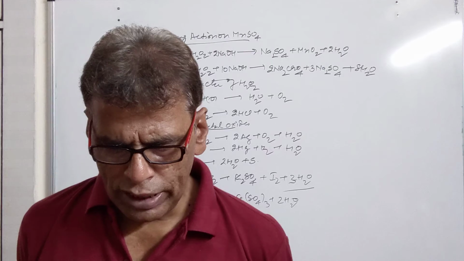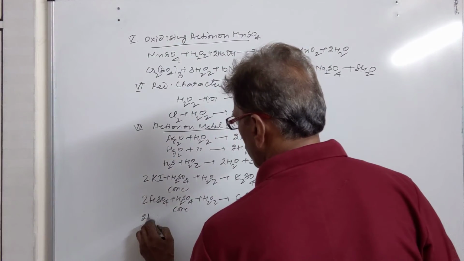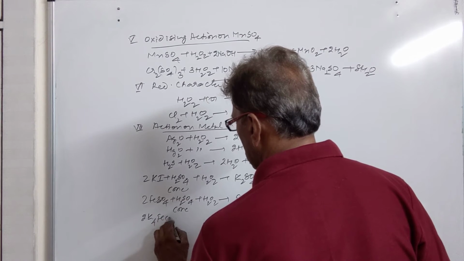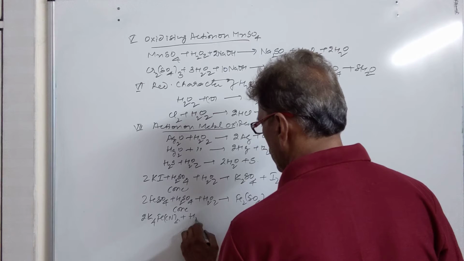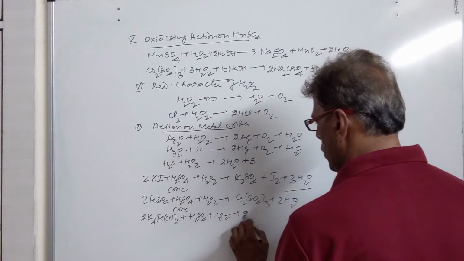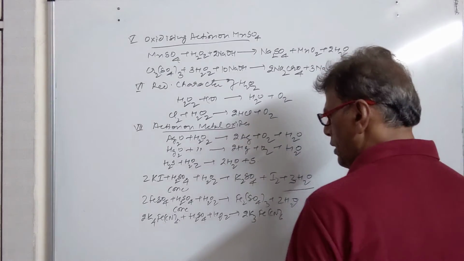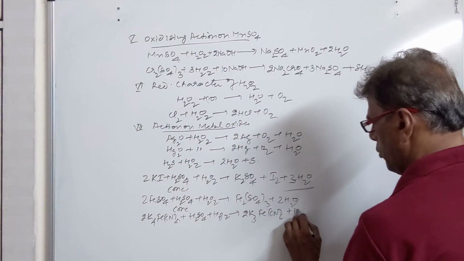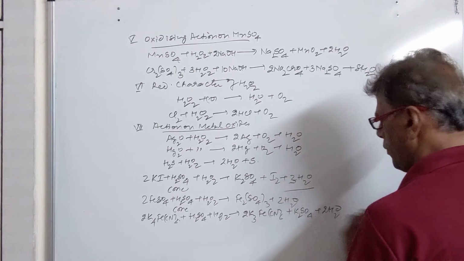Then action on potassium ferrocyanide, 2K4Fe(CN)6 combines with H2SO4 plus H2O2, you will get 2K3Fe(CN)6 potassium ferricyanide plus K2SO4 plus 2 water.